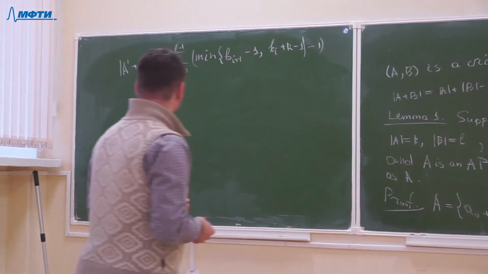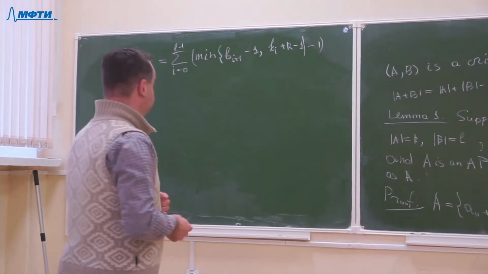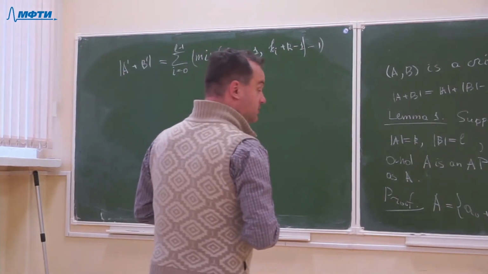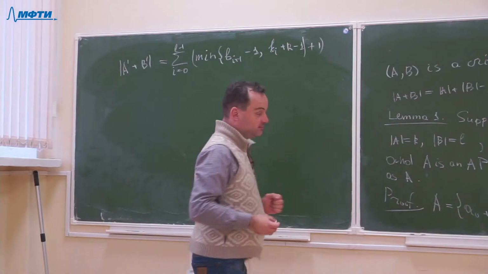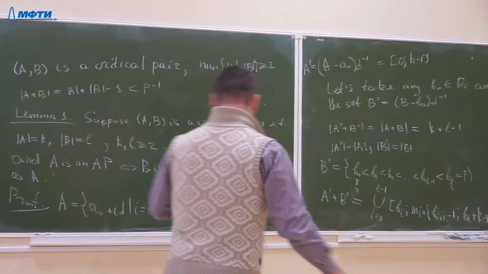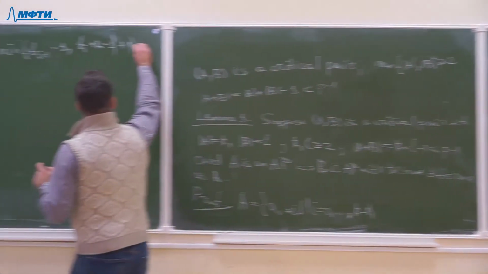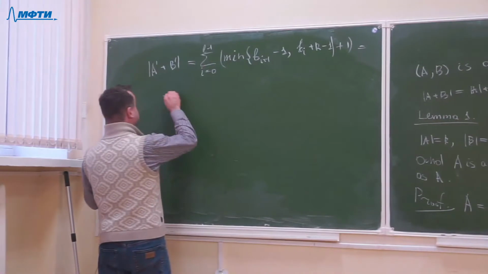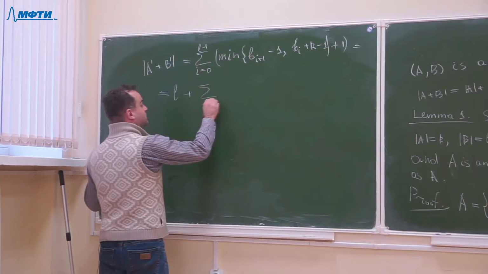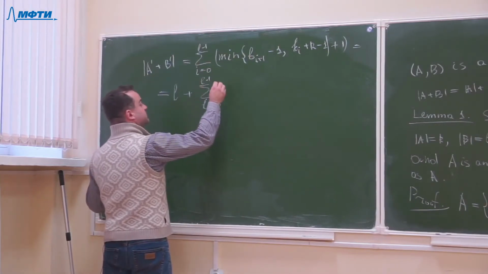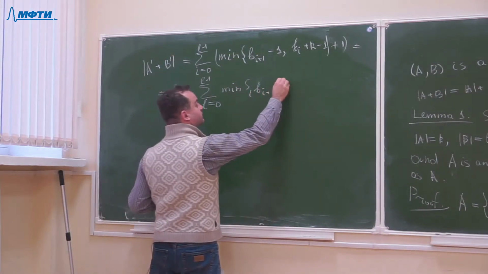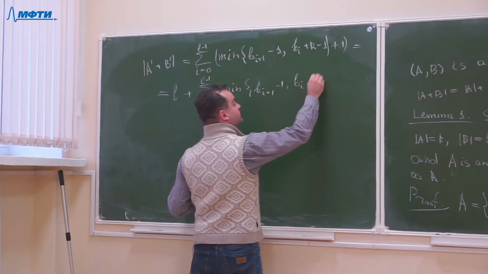So let's sum this up. No, it's not minus 1, it's plus 1, because we start counting from 0, right? So these plus 1s are summing up to L, and we have this sum: I from 0 till L minus 1 of the minimum between Bi plus 1 minus Bi minus 1 and Bi plus k minus 1.